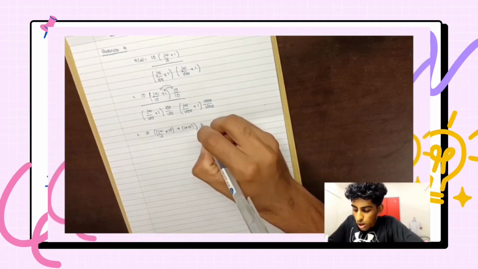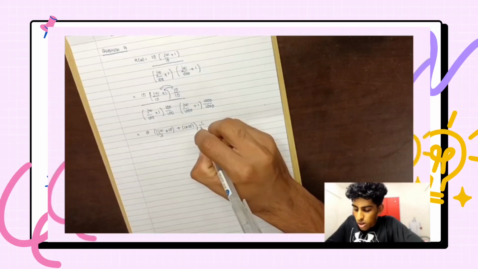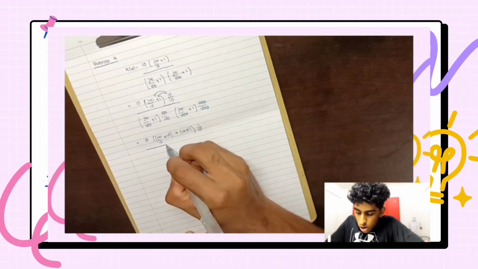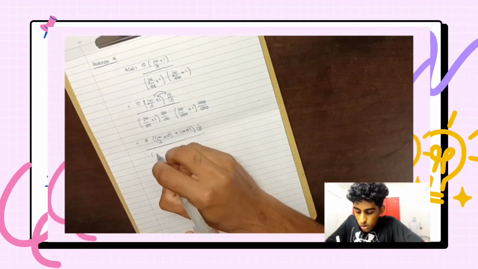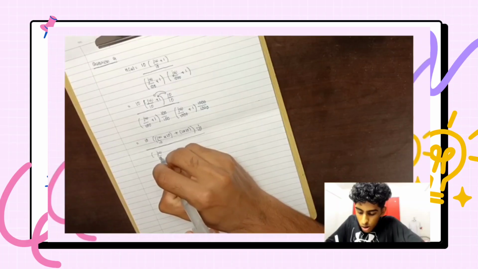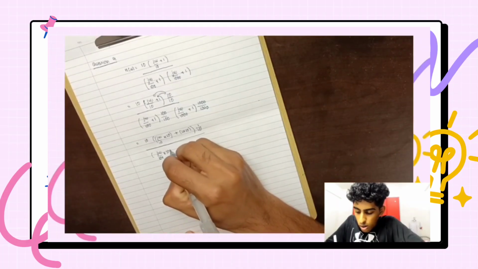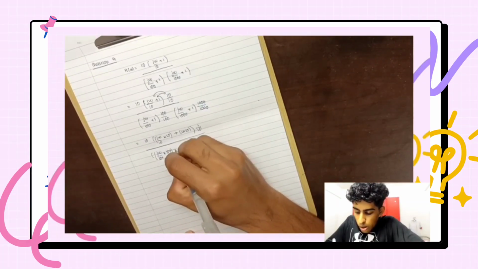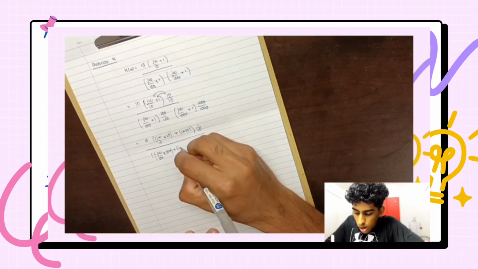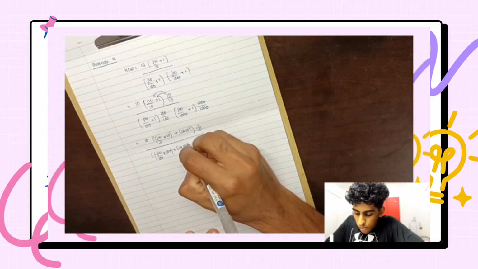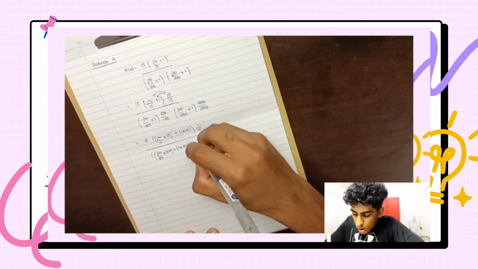So in the outer part I will write 1 over 10. The denominator I will write j omega over 100 times 100 plus 1 times 100. So here I will write 1 over 100.